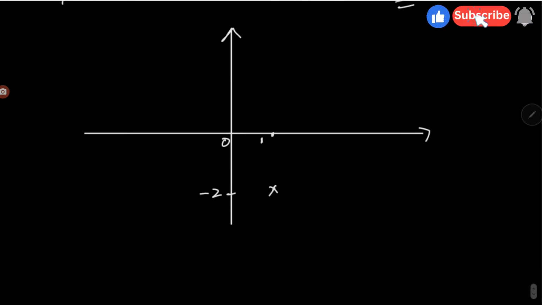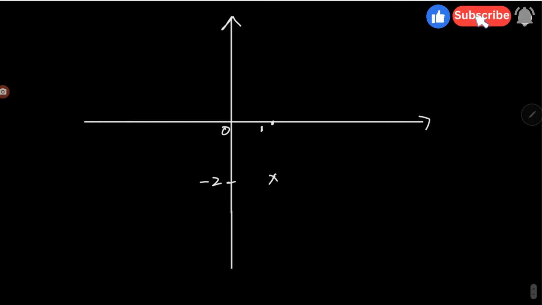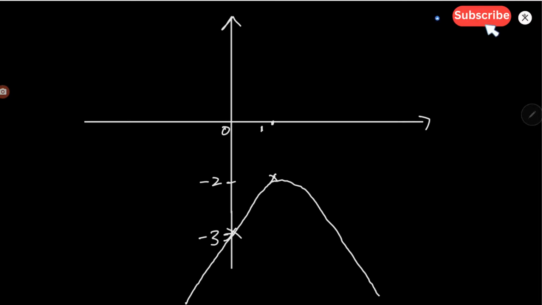So if, for example, we extend this and say this is our minus 3, 0 comma minus 3 is this point there, and we know our graph is opening downwards, so it will come from wherever it's coming from, cross this point, and then it will turn at this point and go back like that.